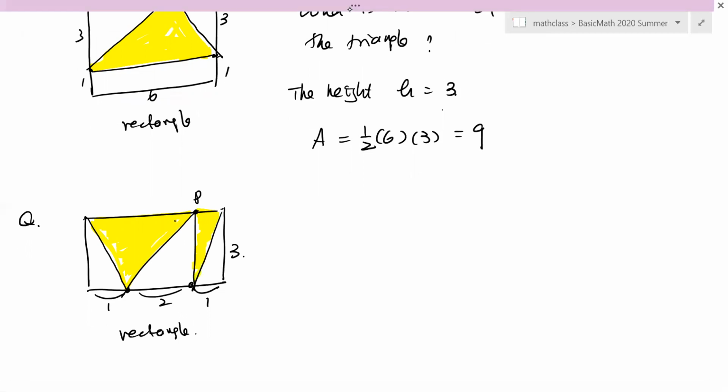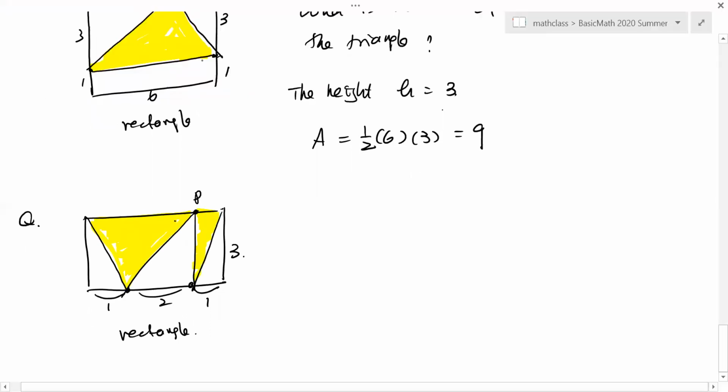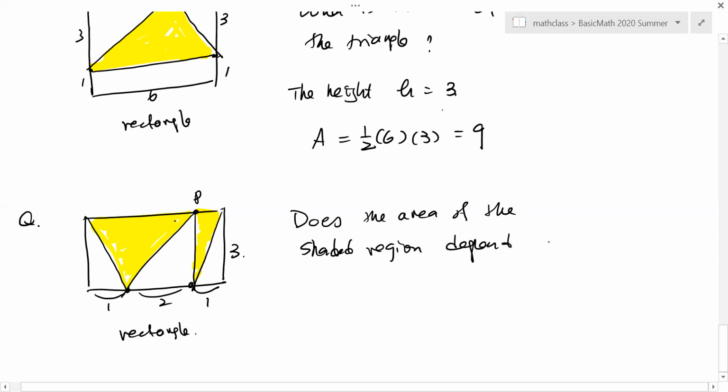Does the total area of the shaded region depend on the location of P?